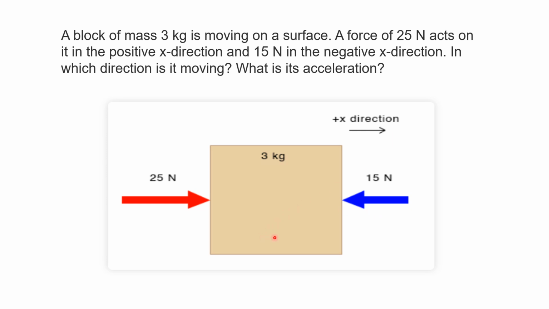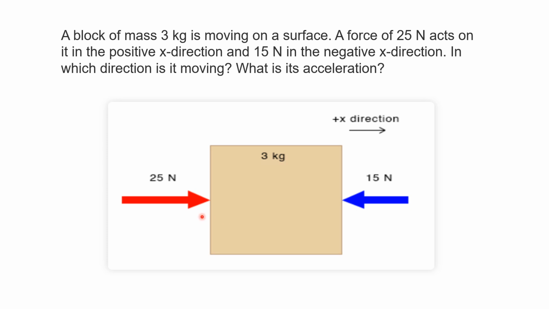What is its acceleration? In this problem, we're given that m equals 3 kilograms, F1 equals 25 newtons, and F2 equals 15 newtons. Since F1 is greater than F2, the object moves in the positive x direction.